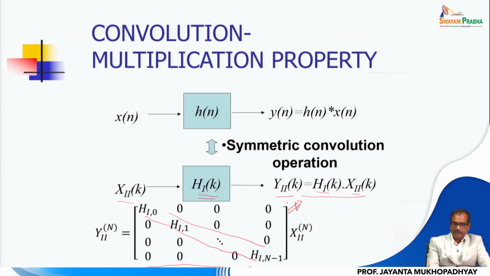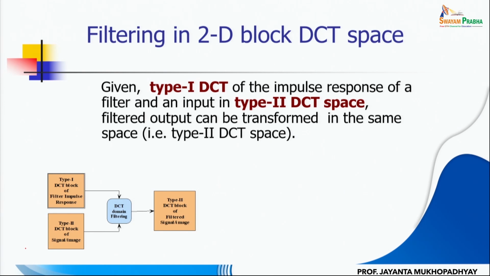Now, this is important: even filtering is expressed in the form of a linear transformation, because later on we can see that a series of operations on DCT blocks, say merging, composition, decomposition, approximations, can all be accommodated under the same linear transformation framework, and you can get composite transformation matrices out of these operations because of this kind of representation.